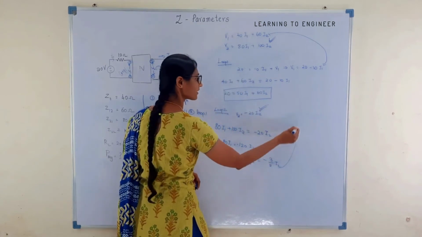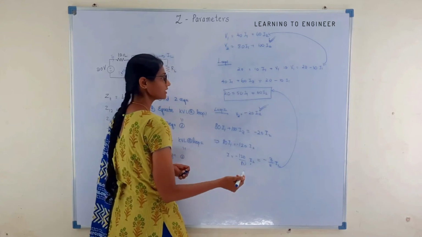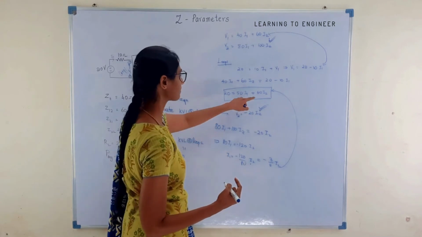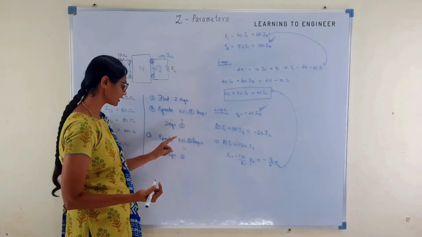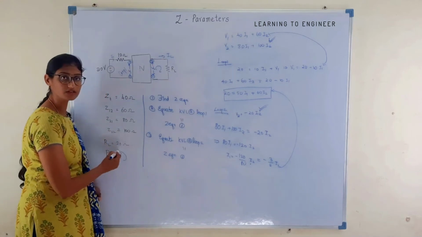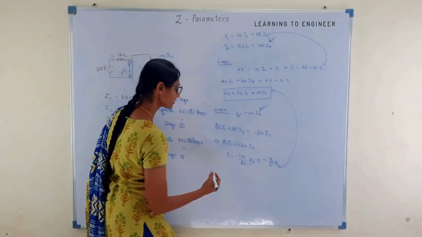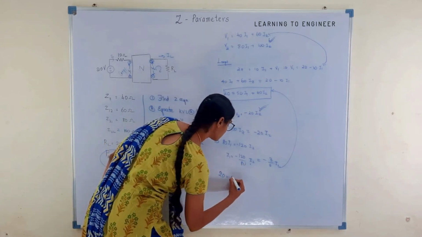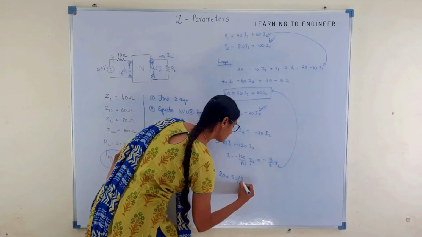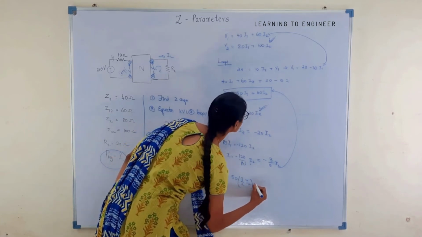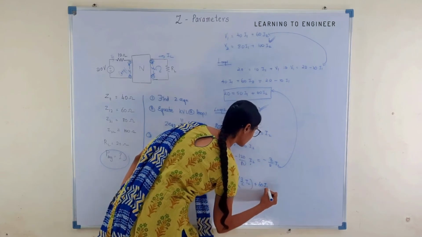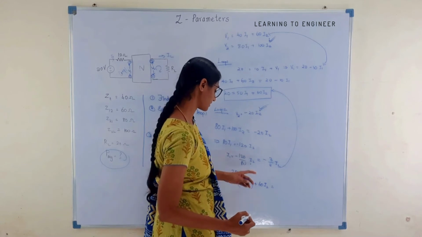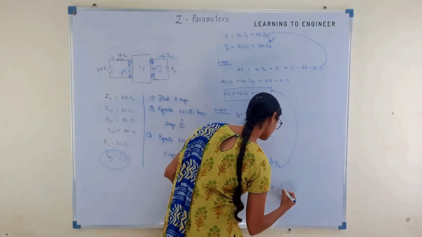We will substitute the value of I1 in this equation. Only then will we be able to find the value of I2, and using I2 we can find the average power delivered to the load. So 20 is equal to 50 into minus 3 by 2 I2 plus 60 into I2, which is minus 75 I2 plus 60 I2, minus 15 I2.